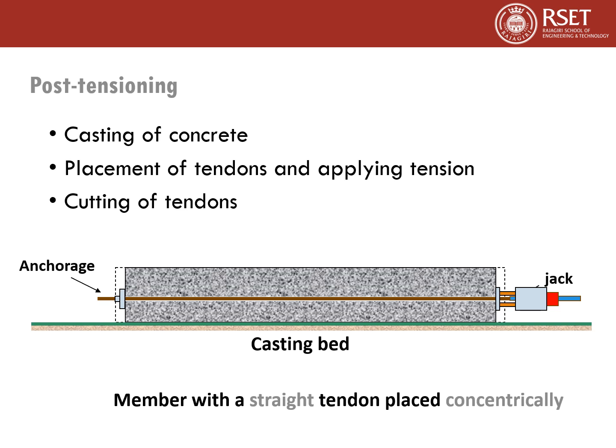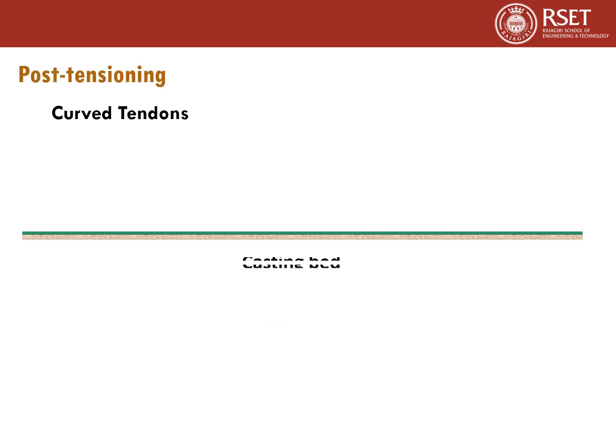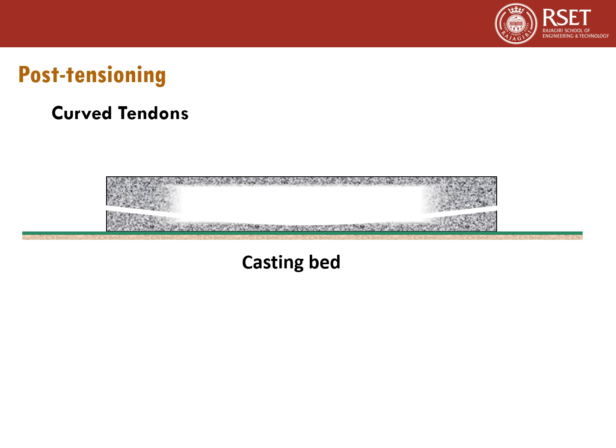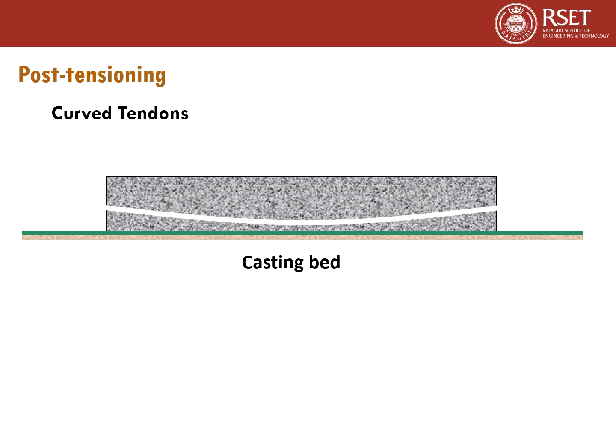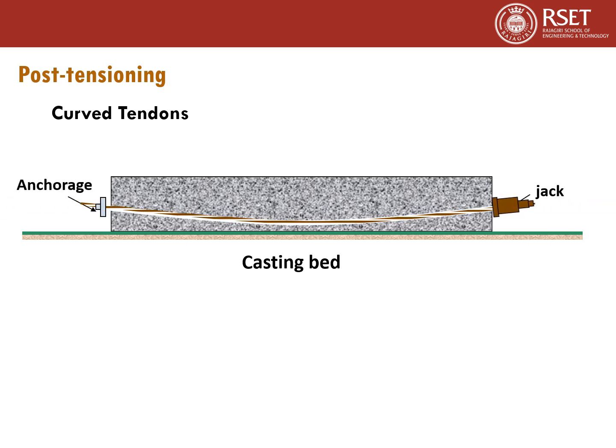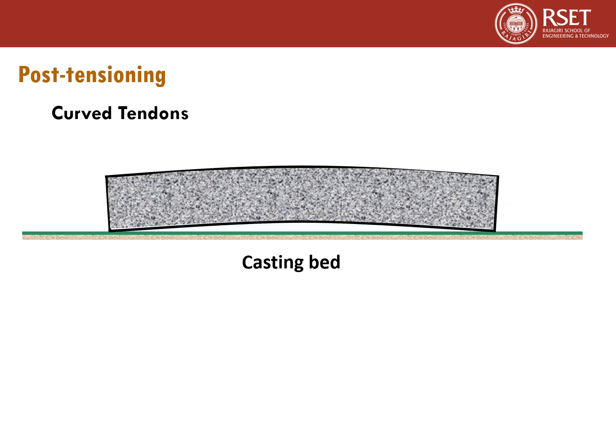So this is a case with a straight tendon. Now there can also be curved tendons. So this is an example of curved tendons. Usually we give parabolic tendons also. So in this case a cable is inserted, then similarly it is tensioned and the pre-tensioning is transferred to concrete.